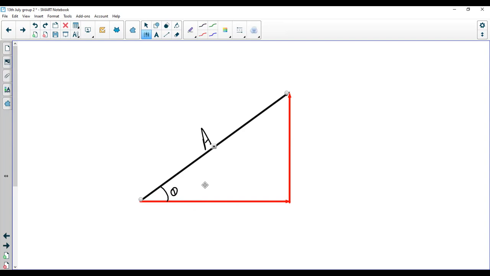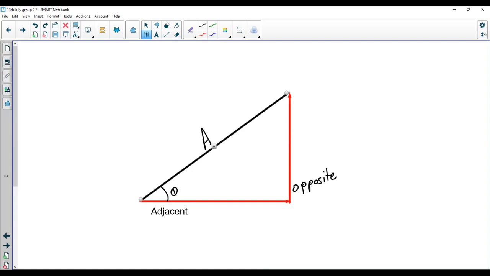Yes. So this is the side which is adjacent to theta. That side has the name adjacent. The side which is in front, like when you say your address is opposite to that building, it means in front. So the side which is opposite to theta, that side is called opposite.